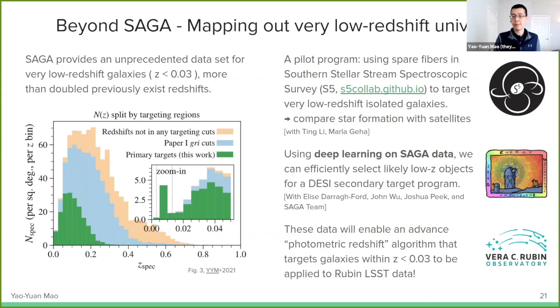The hope is that with all the data we have been getting, we can create a photometric redshift algorithm for the very low redshift universe. That will help us map out the very low mass dwarf galaxies and the structure at that stellar mass range within the local universe.